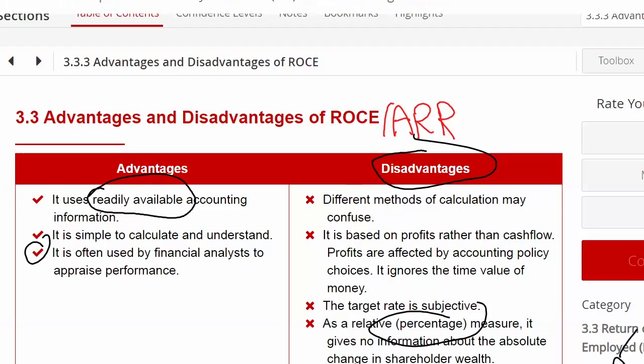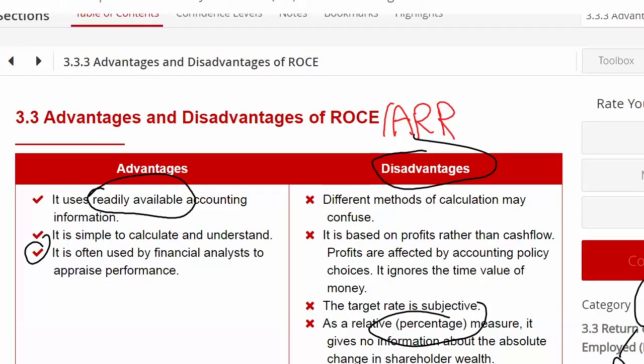Now, if I ask you which project is better, you may answer that project A is better because its percentage of return is better than that of B. But this ignores the size of the investment. If you compare the size of return, the return of B is far greater than that of project A. Project A is generating only $100 and project B is generating $8,000.